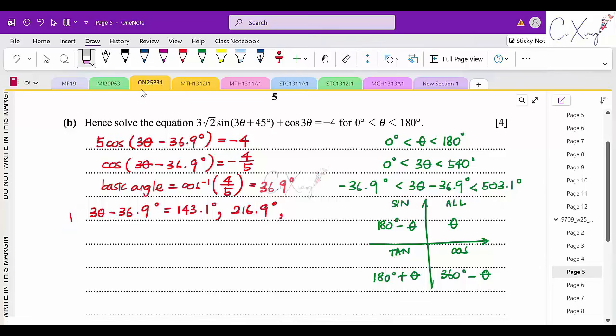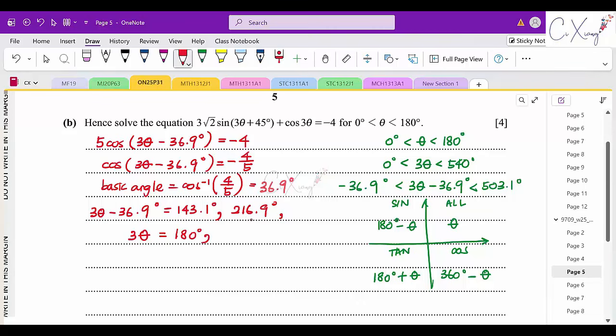Alright, so to get the value of theta, we just need to make sure that we subtract 36.9 for every single value here, and after that divide it by 3. Alright, so maybe I put it like this first. Okay, so 3 theta plus 36.9 equals 143.1 plus 36.9, you should be getting 180.